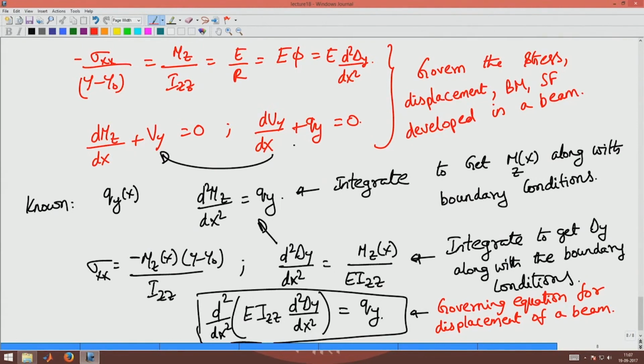Your finite element codes like SAP, ETABS, Abaqus, ANSYS, all these solve this equation to get the response of a beam. So, in the next class we will take up specific examples and work out the details on how to solve this problem and how to get the stress, strain, displacement, shear force and all the response quantities for a beam. Thank you.